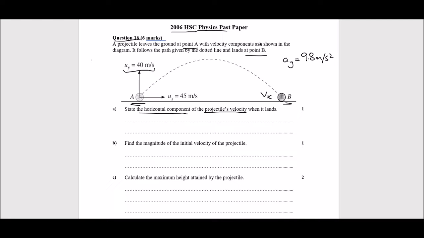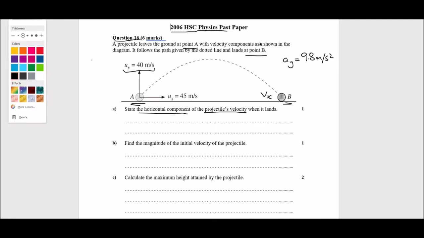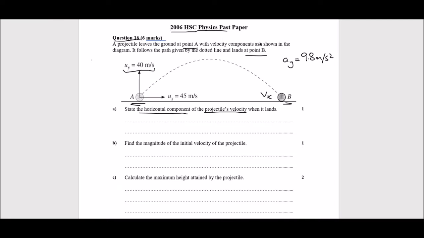Now if you recall, when we did our initial assumptions for projectile motion, there is no air resistance. So if there's no air resistance, acceleration is effectively 0.